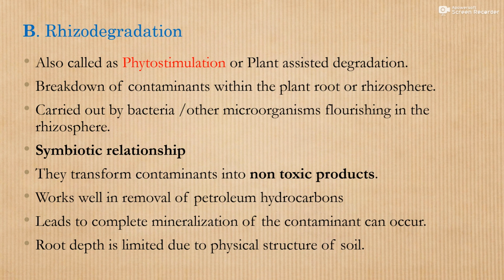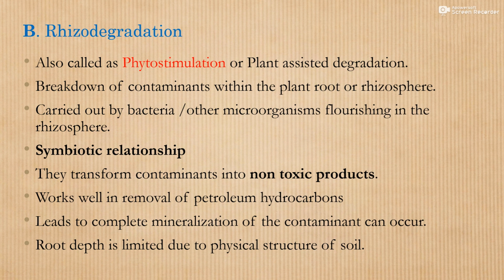These bacteria have a symbiotic relationship with the plants, and they transform the contaminants into non-toxic products. So in phytodegradation, it is with the help of enzymes that the contaminants or pollutants are converted into non-toxic products. Here, with the help of symbiotic bacteria or other microorganisms, these contaminants or pollutants are converted into non-toxic products.